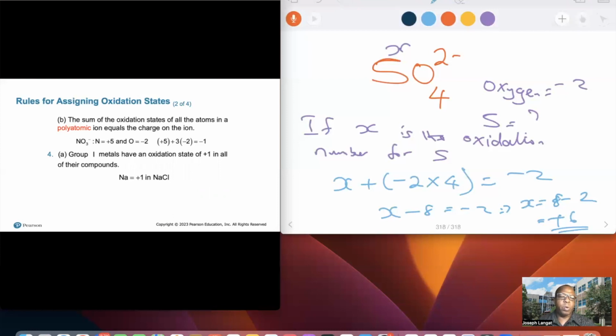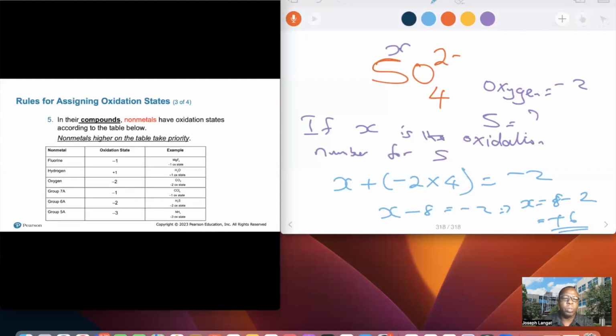For example, group 1 metals will always have oxidation state of +1 in all compounds. There are some exceptions in other groups. Group 2 metals have oxidation state of +2. Learn that. For non-metals higher on the table, they take priority. So you need to know where they are in terms of non-metals and look at their oxidation number.